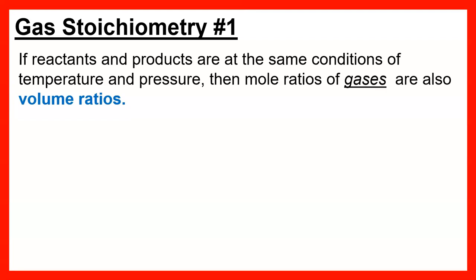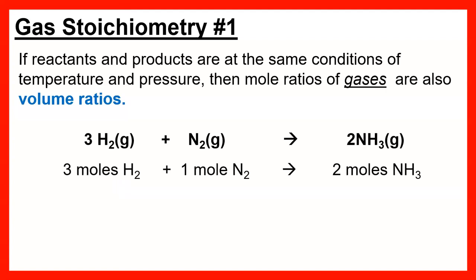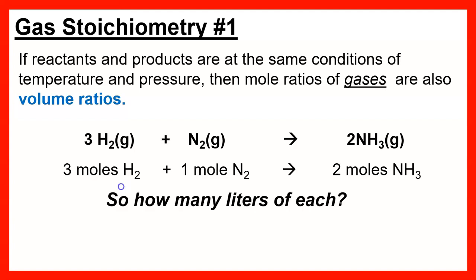One thing first is to understand that if you have the same temperature and pressure, your mole ratio can be used as volume ratios. So you're used to thinking of these equations as a 3:1:2 ratio in terms of moles, but you could also do it in terms of liters, because each gas will occupy the same amount of space under the same conditions if it's the same number of moles.